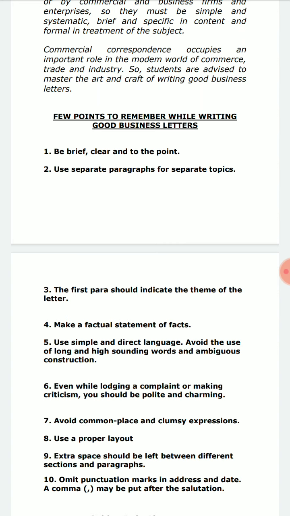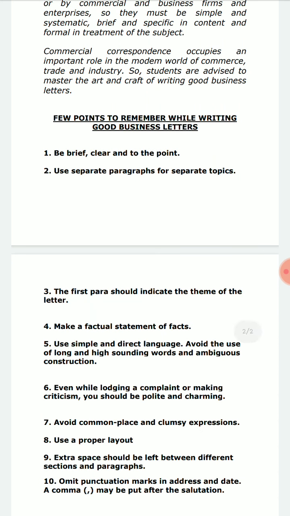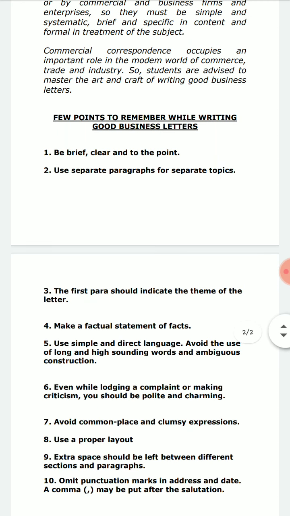Unnecessary things must be avoided, because I already told you in the information part that it is mainly for commercial purpose, and so it should be very brief, exactly to the point, and the primary focus will be on the subject matter. That is the main thing.